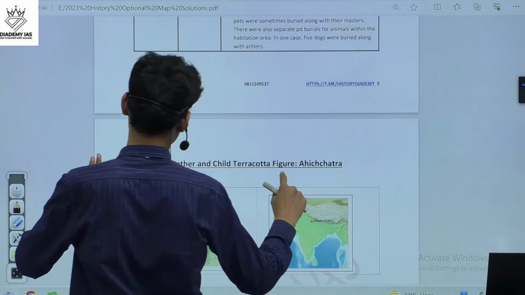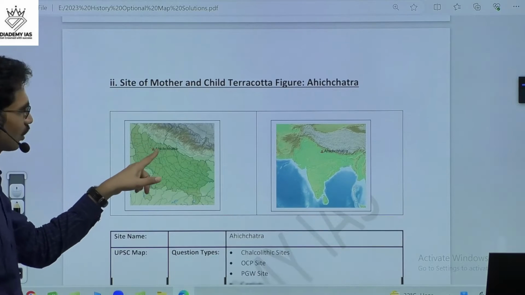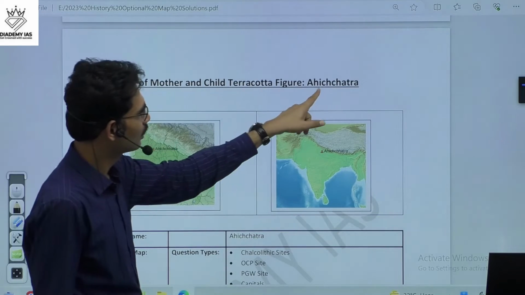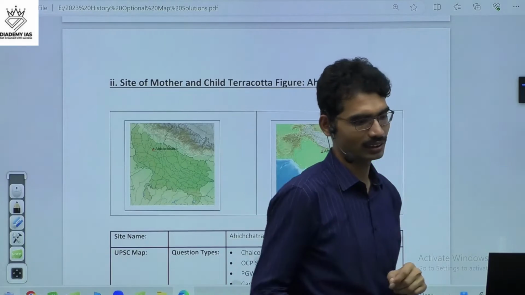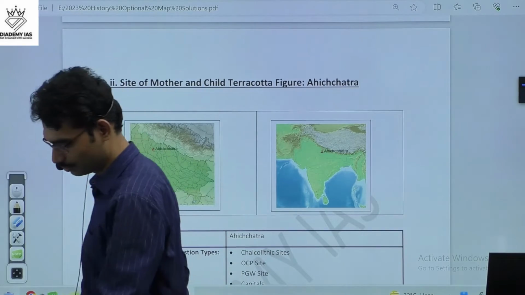So this is the site they have given. In Uttar Pradesh they have mentioned. The location is Ahichatra. So mention second one, Ahichatra.